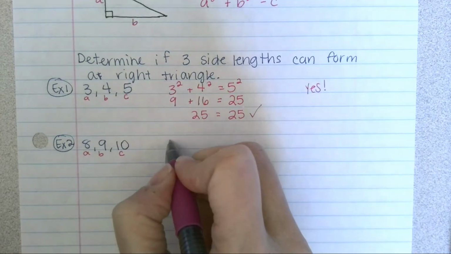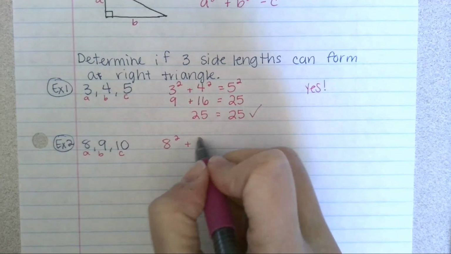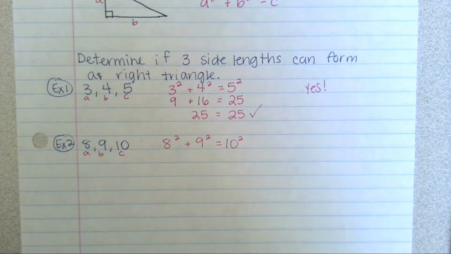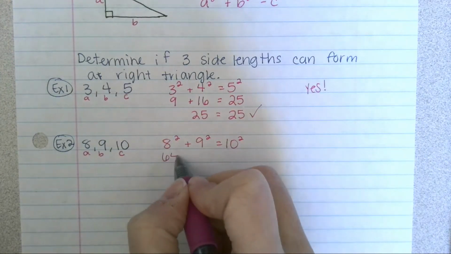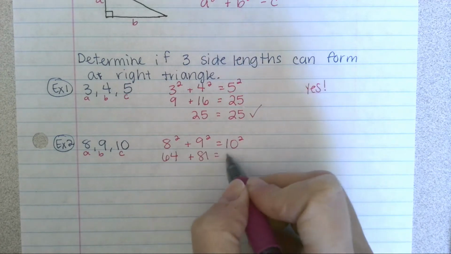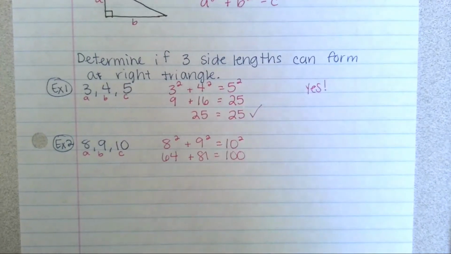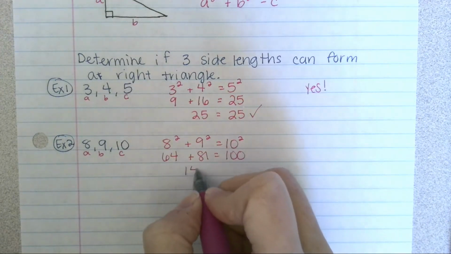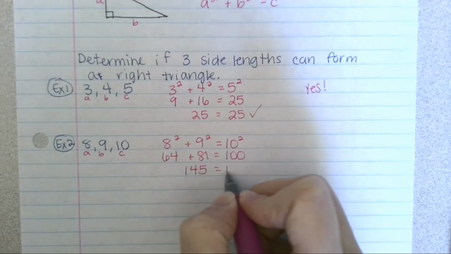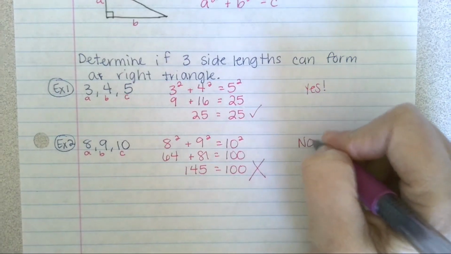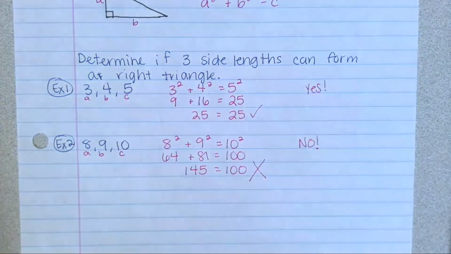So we have 8 squared plus 9 squared equals 10 squared. 8 squared is 64. 9 squared is 81. 10 squared is 100. These add up to 145. 145 does not equal 100, so no, these side lengths do not create a right triangle.